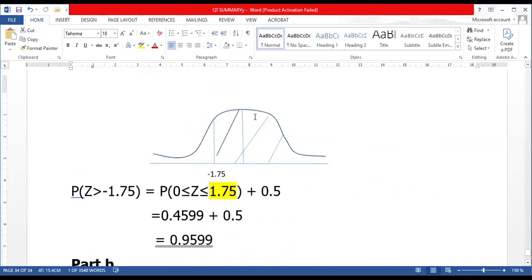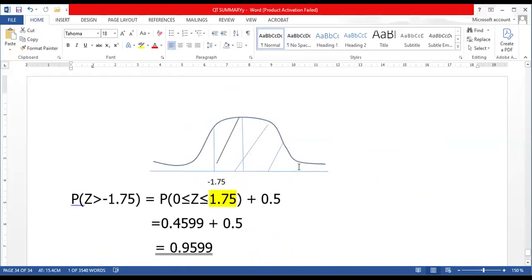The first one had no end point. First we add from here to here, plus 0.5, because from here to infinity it is 0.5.